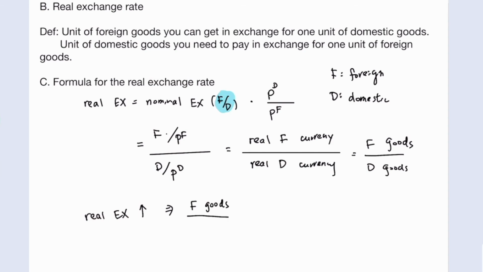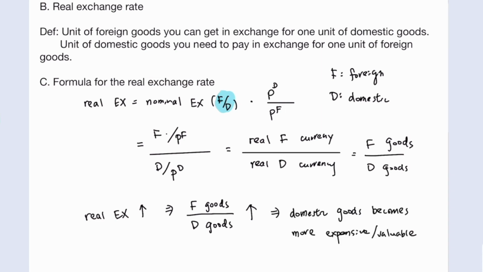In other words, your goods become more valuable because per unit of your goods produced, you get more of the foreign goods.